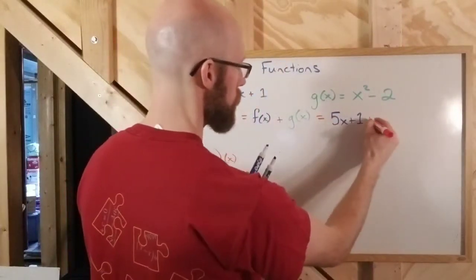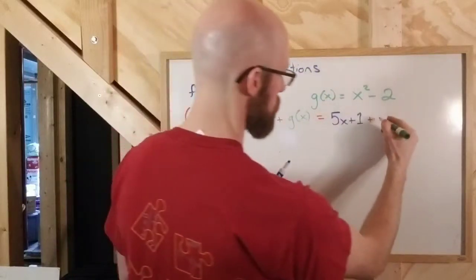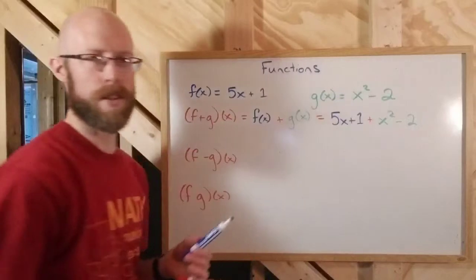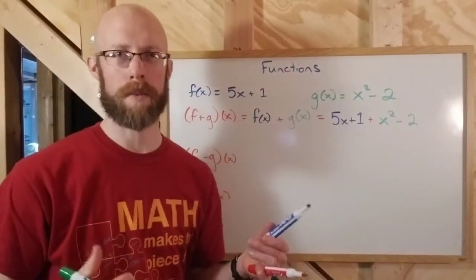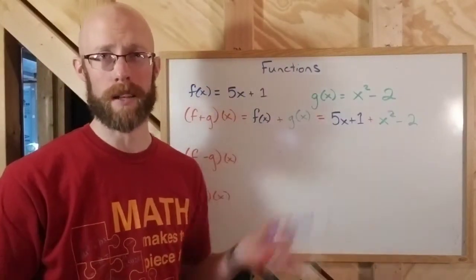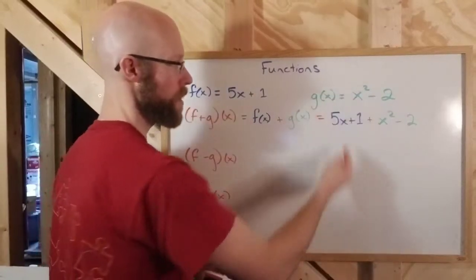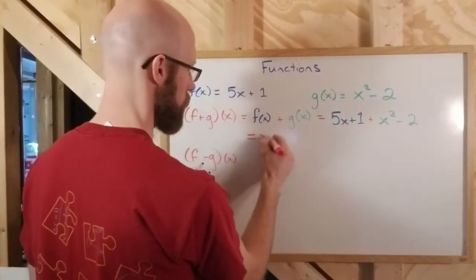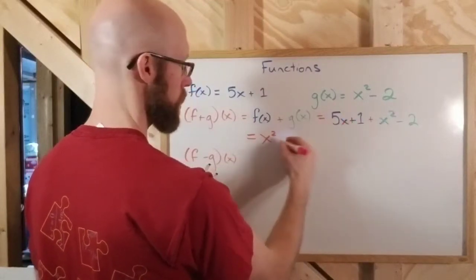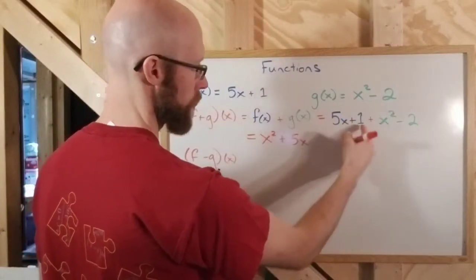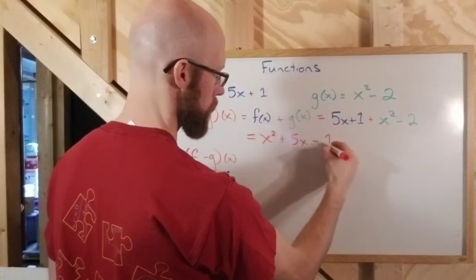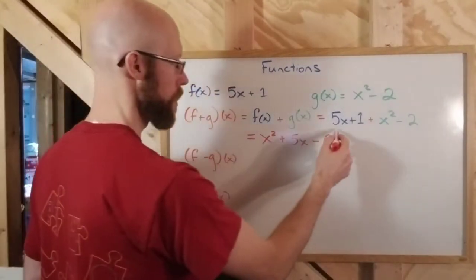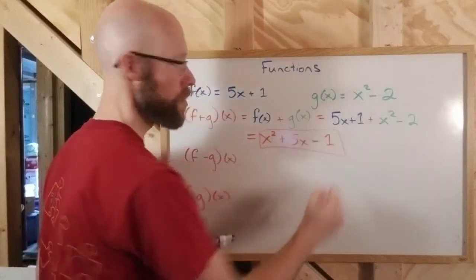Then the g function is x squared minus 2. In most of these, it's not going to be as hard as finding common denominators. A lot of these are just going to be combining like terms. And so here, I got an x squared. That's my highest power of x. I've got a 5x. And then I've got a 1 and a minus 2. That makes a minus 1. Okay, so I'm just combining like terms at that point to create a new function.